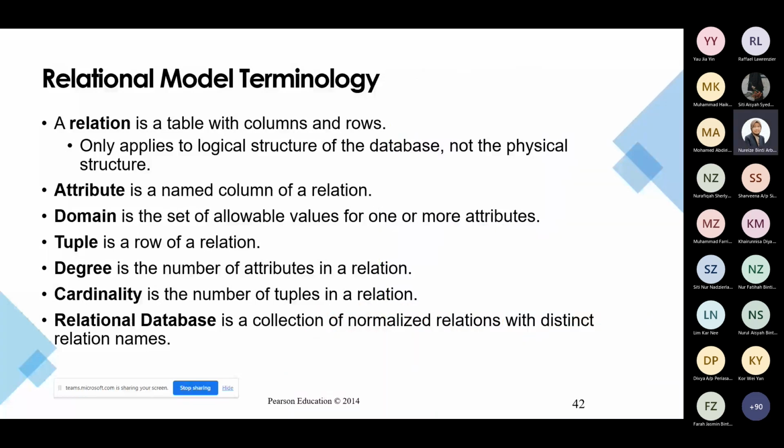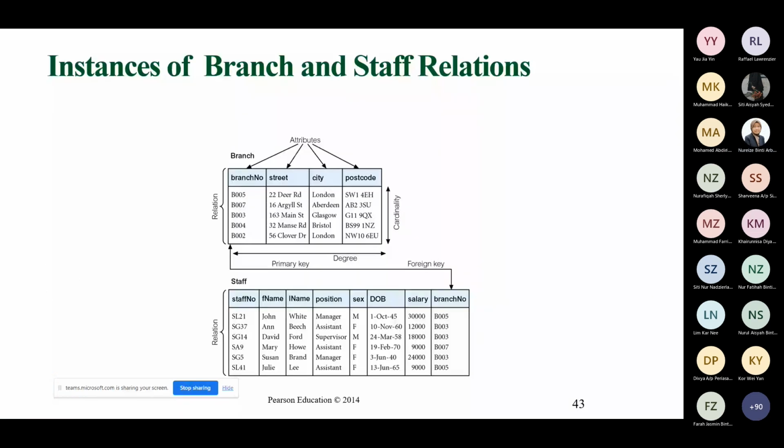Look at this. The question may give you something like this, and then ask you to draw the ER. From this, you transfer it into the ER. Actually it comes from the ER, but they can just reverse things. So draw the ER diagram for this relation. You need to draw the ER, this is branch, this one is staff.